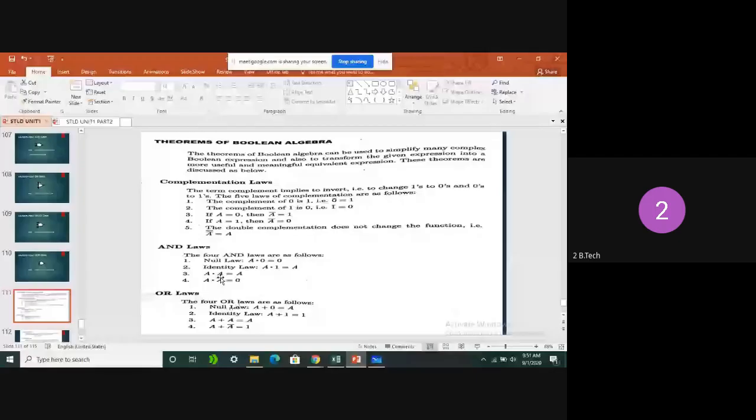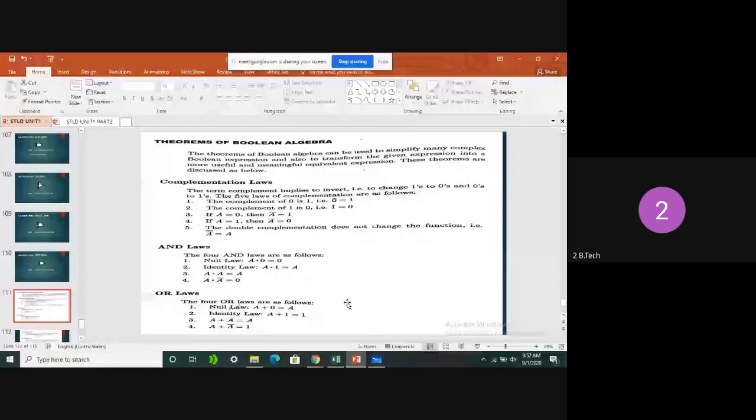A into A. Can anyone say why A into A is always going to be A, and not A square? Take 0 into 0, we get 0. 1 into 1 is 1. That is the reason. If you are squaring 0, that is also 0. If you are squaring 1, that is also 1.